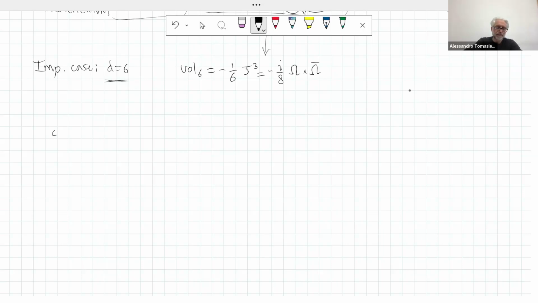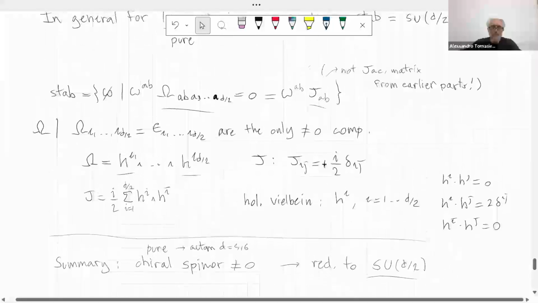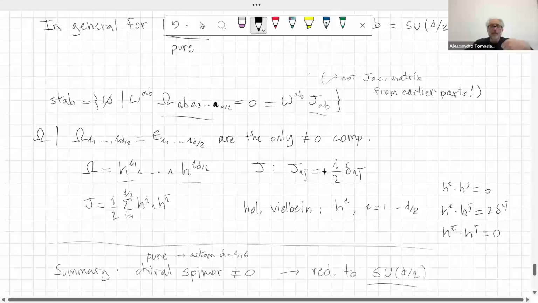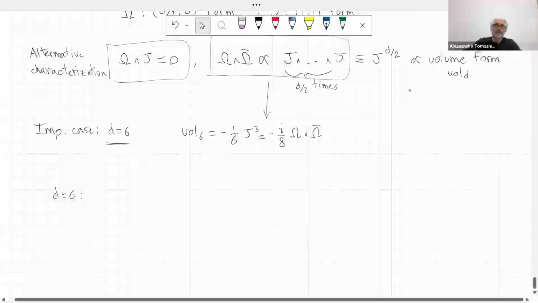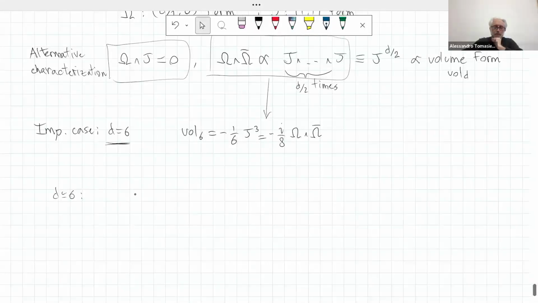So still with d equals 6, it is also sometimes useful to express these forms, which we extracted from the annihilator of eta, in terms of eta itself. It is possible to do this. And let me write the formula, and perhaps I can then explain it a little better.